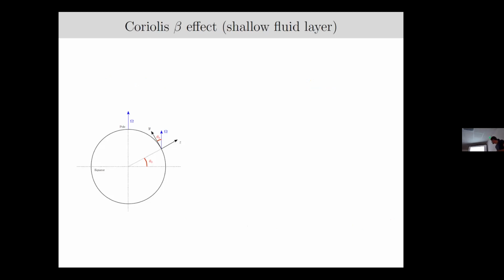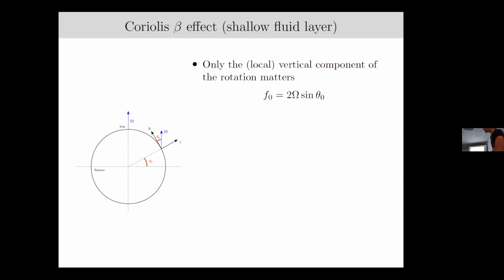The first one is the classical beta effect, the one you will find mostly in textbooks. It is due to the sphericity of the planet, and to the fact that you have a very shallow layer, so your fluid layer is extremely thin compared to the radius of the planet. If you fix a point in latitude, then the rotation axis is like so. But because the fluid motion locally is constrained to this tangent plane, you don't care about the full Coriolis acceleration, but only a fraction of it.